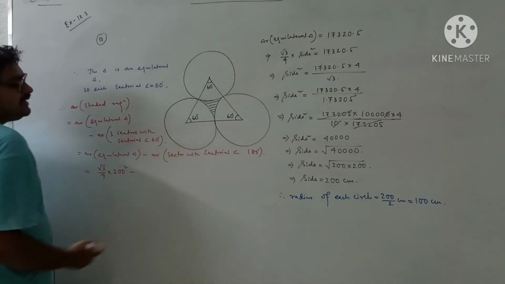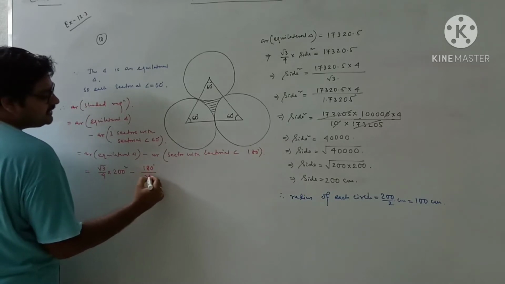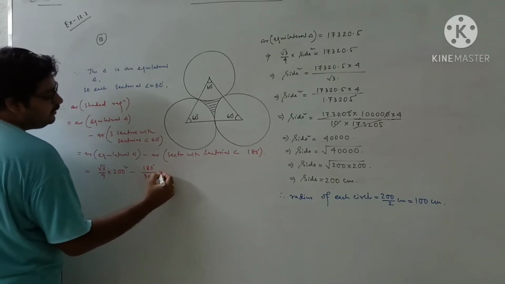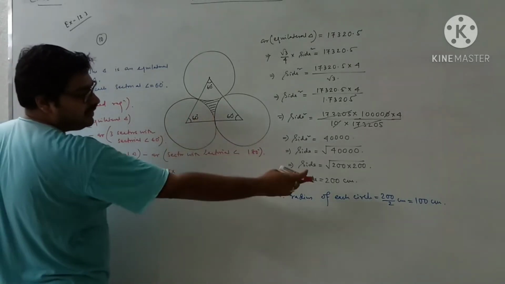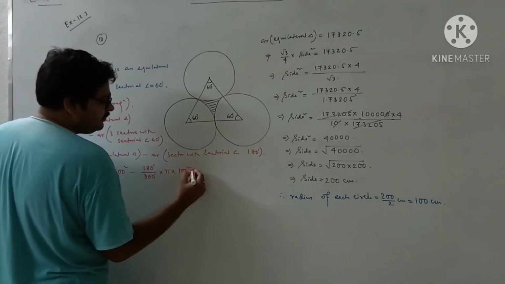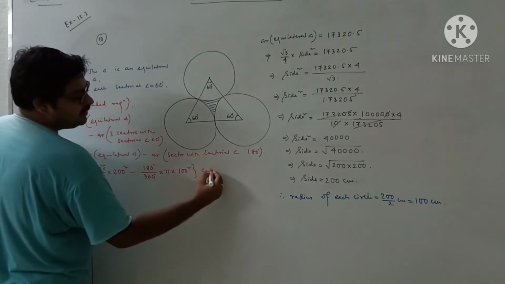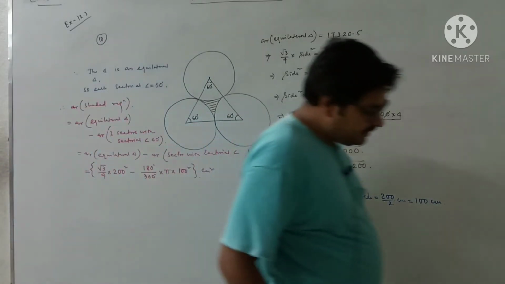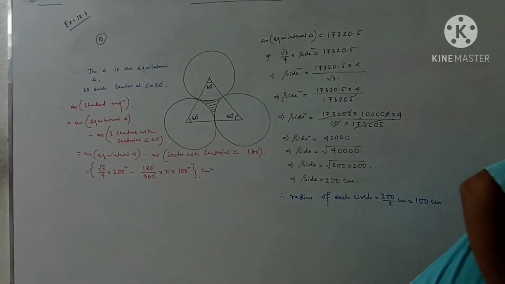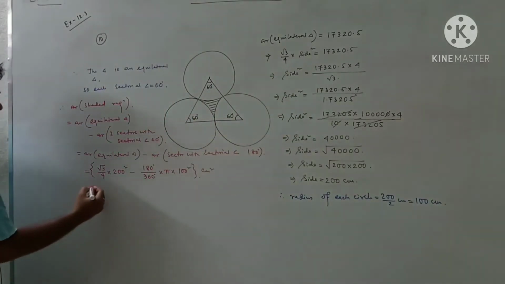Area of the sector with sectorial angle 180 degree. So what is the formula? 180 by 360 degree into pi r square. What is the radius we got? 100. This much centimeter square. Now you just see the question, whether the value of pi was given or not. Yes, pi is given as 3.14, so the calculation becomes easier.